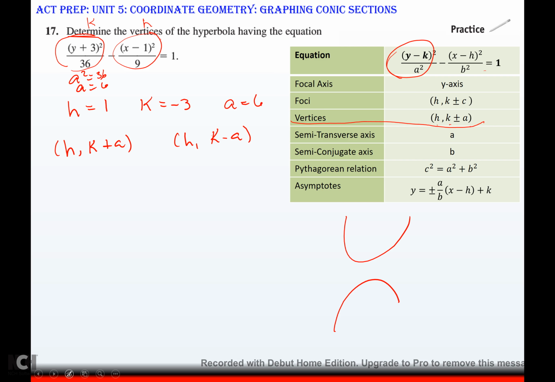That's going to give me 1 comma negative 3 plus 6 and 1 comma negative 3 minus 6, which gives me 1 comma 3 and 1 comma negative 9. And again, that's all they asked for. I want to explain more, but that's all they asked for. So we've got the vertices.